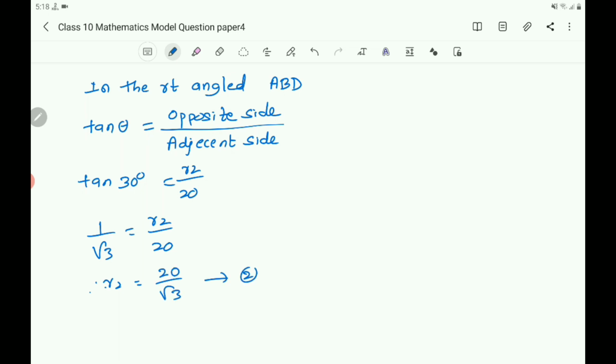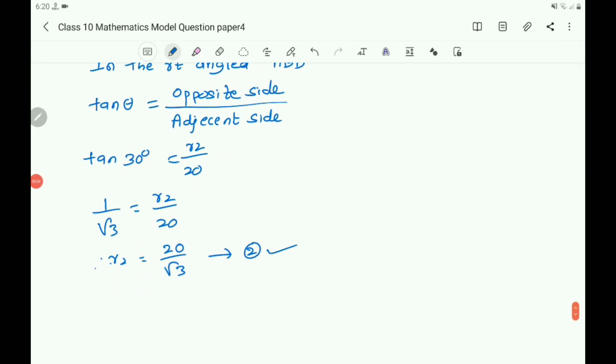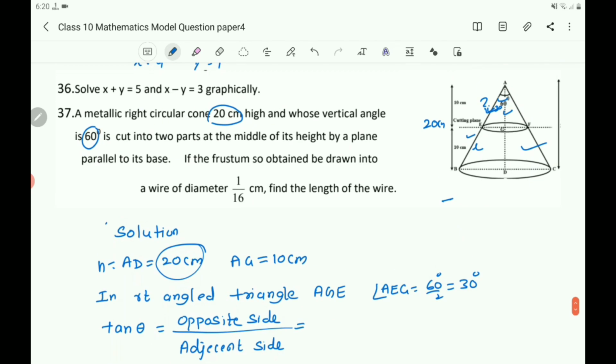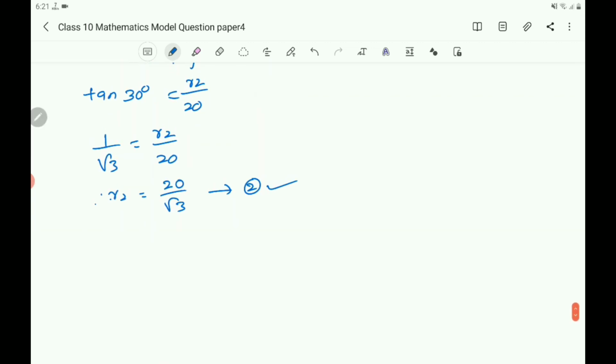Consider this is second. Now you got R1 and R2, and this frustum is drawn into a wire of diameter 1 by 16 centimeter. You know that the wire is in the shape of a cylinder, and the volume of the frustum of cone must be equal to the volume of the cylindrical wire. So first you write the formula to find the volume of the frustum of cone.